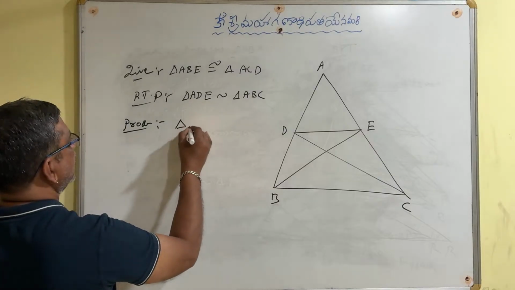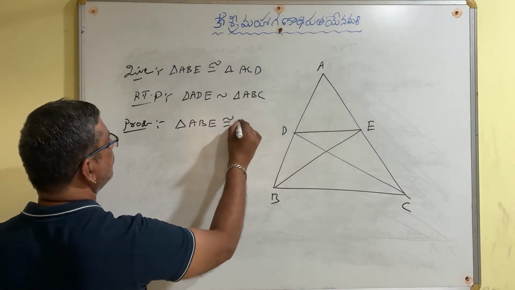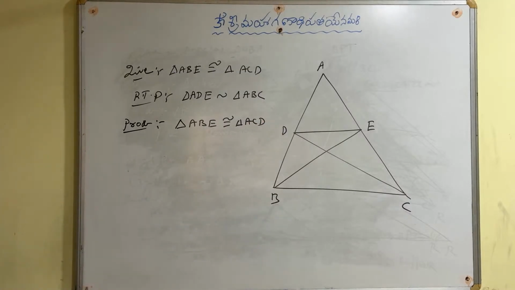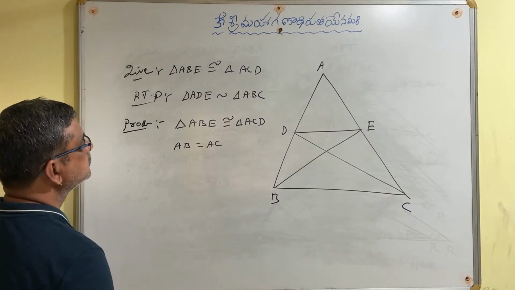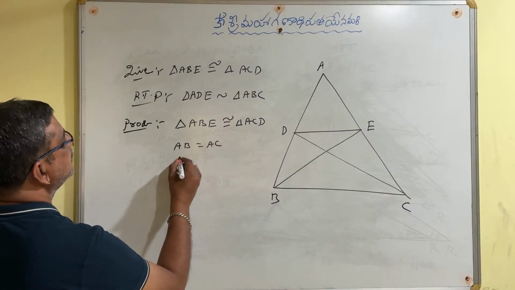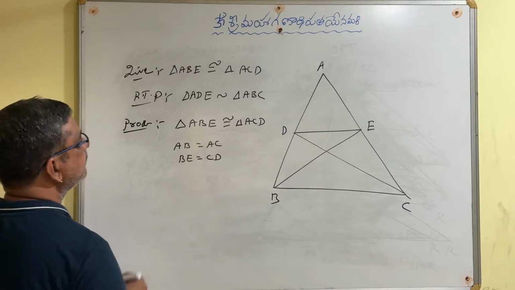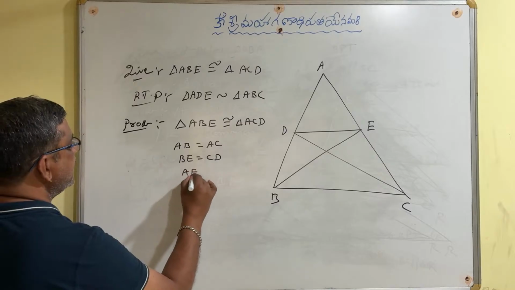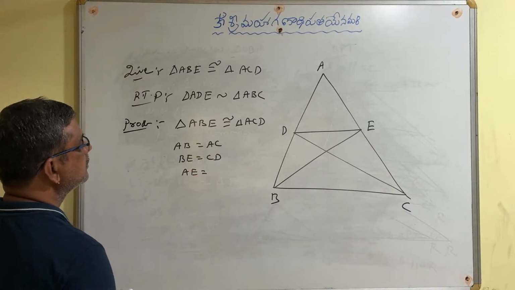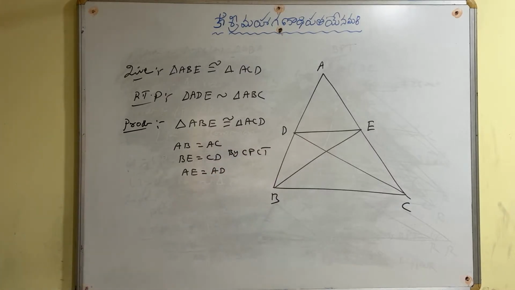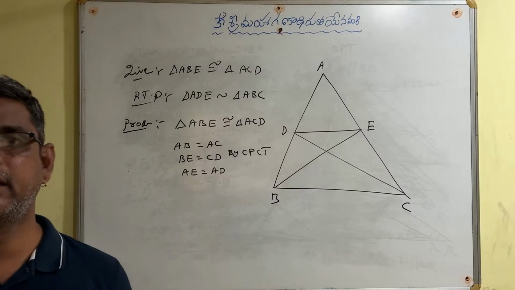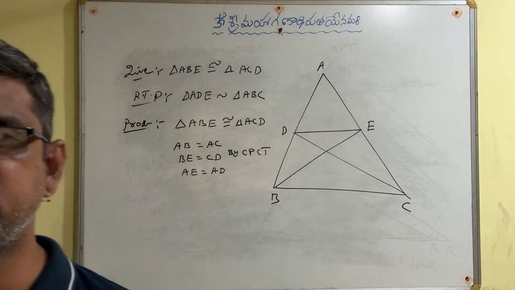Given triangle ABE is congruent to ACD. So, from this, what can we write?